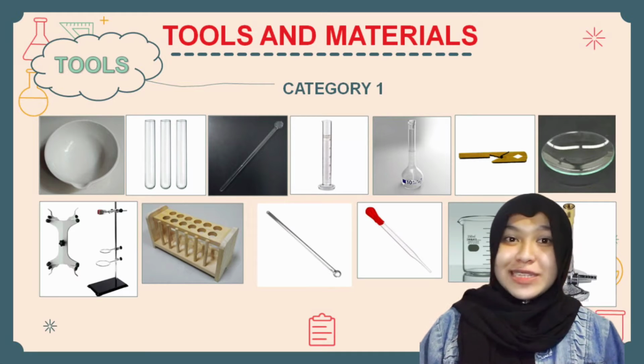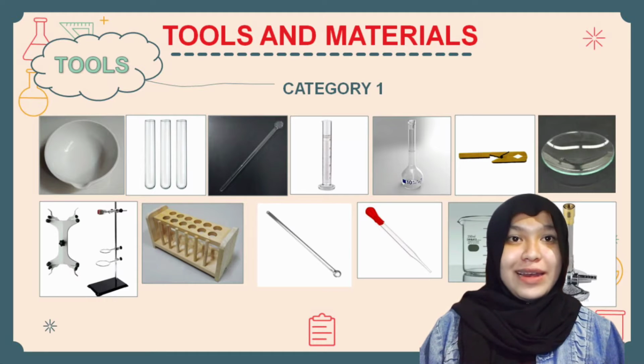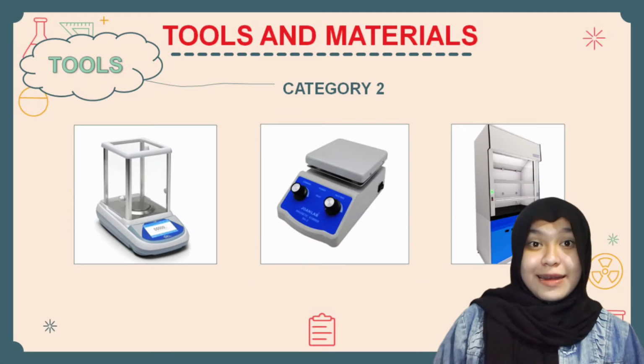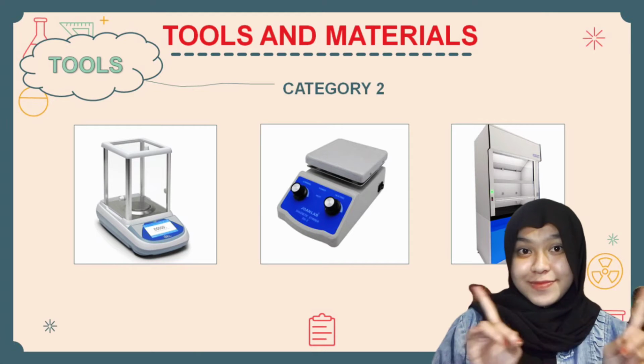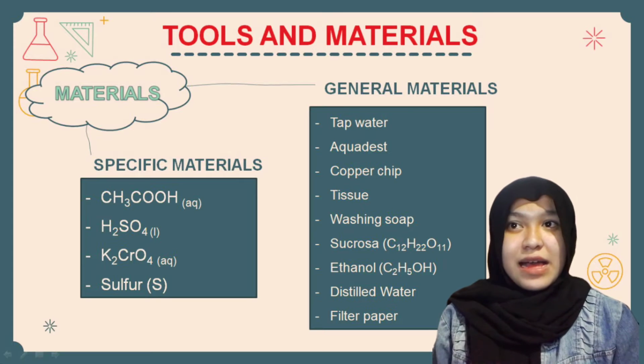Next, tools and materials. The tools we use in category 1 are like this picture. Next, the tools we use in category 2 are like this picture. Next, materials.